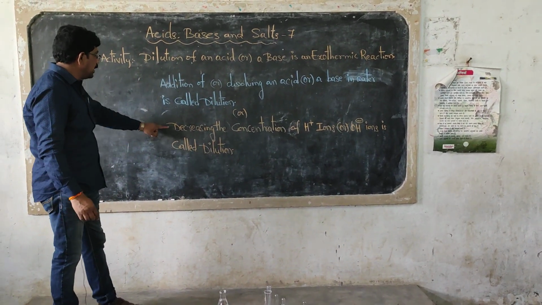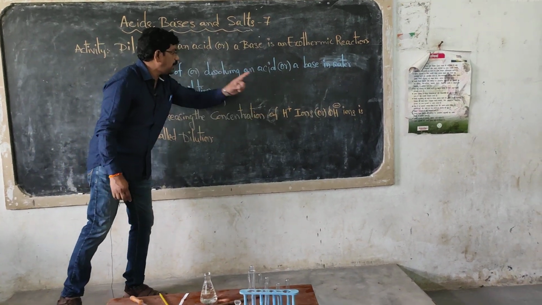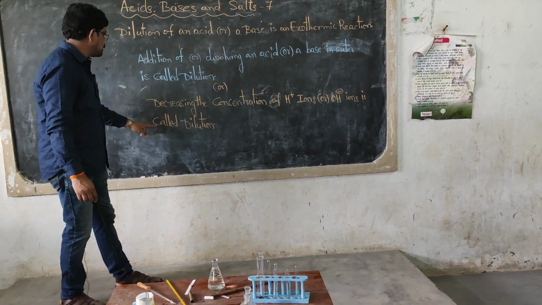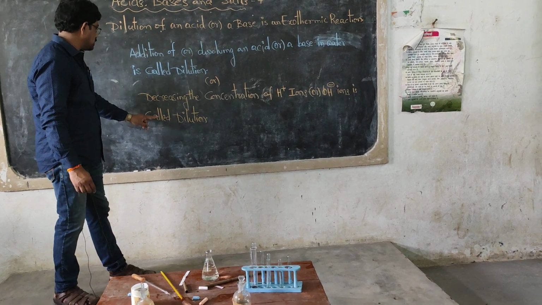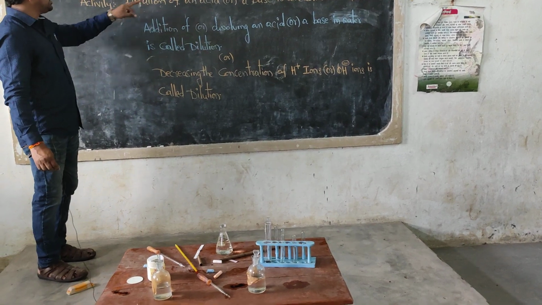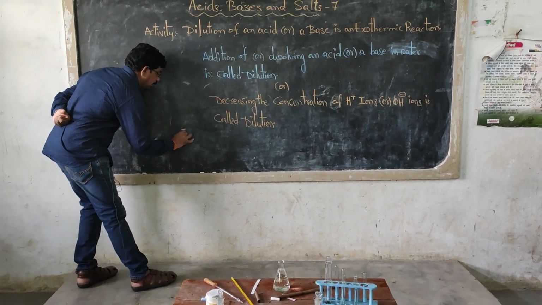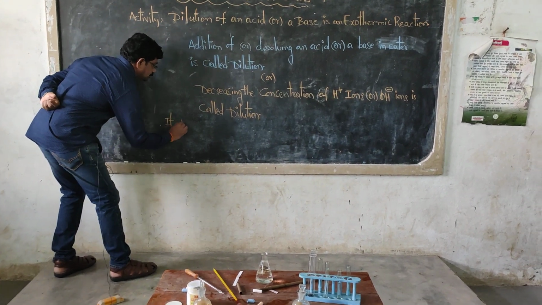What is actually happening? We are decreasing the concentration of H plus ions or OH minus ions in the dilution process. It is known as dilution. So what type of reaction is it?